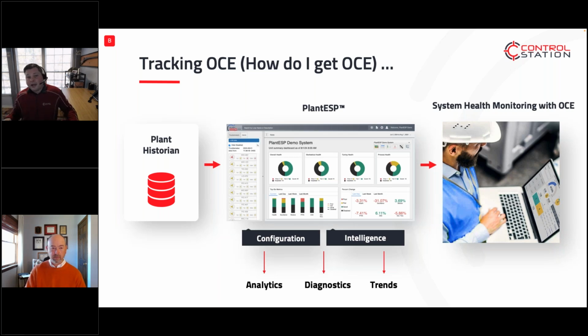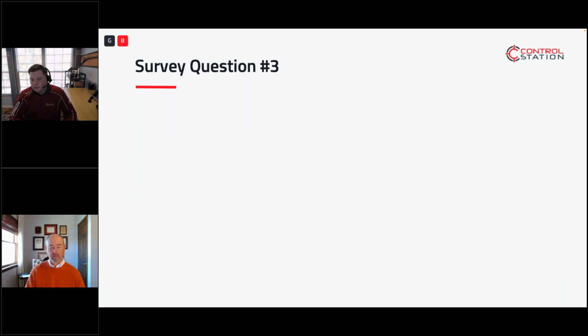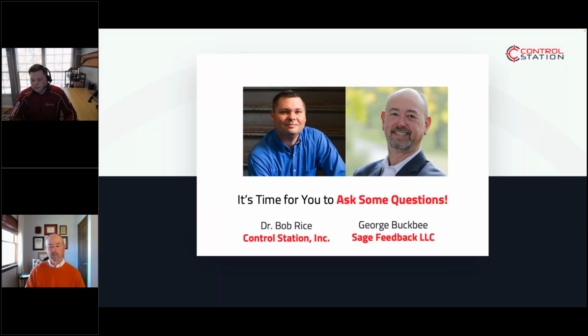There are importance factors that are assigned to loops that are customer assigned based off of either a criticality to production. It could be cost benefit. It could be that these loops are part of APC, so they can be assigned a different weighting factor to be able to give them the importance that they need. And so you can choose to use those when you're aggregating.